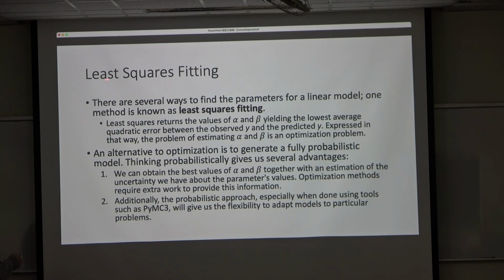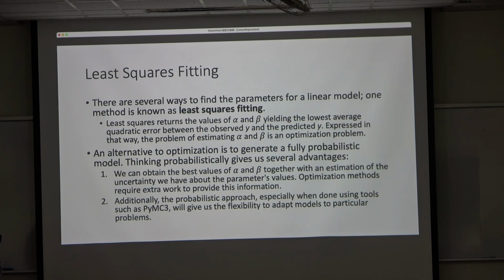Obviously, if you are into basic statistics, or if you have studied machine learning a little bit, you should have learned least square fitting. Least square fitting, in Chinese we call it 最小平方法.